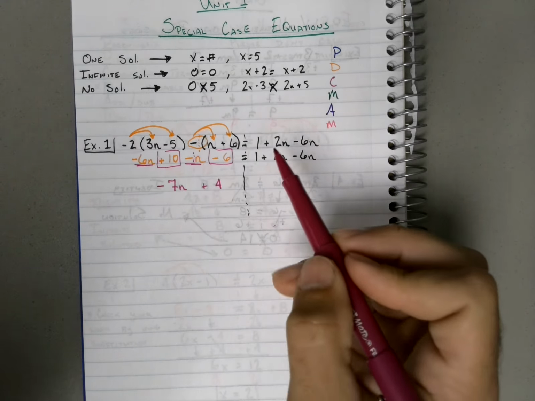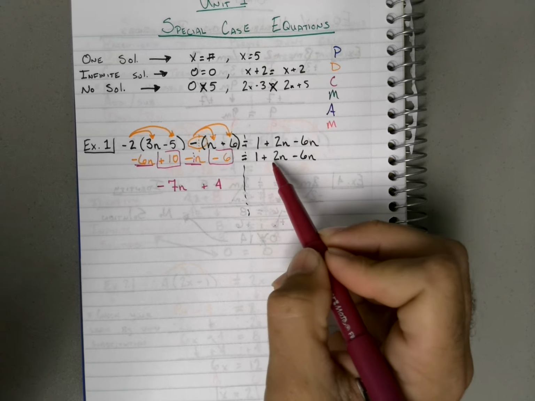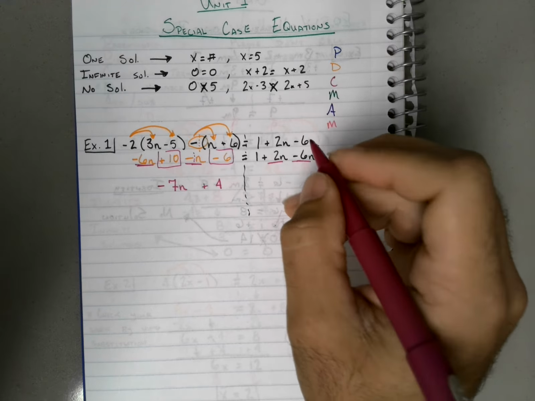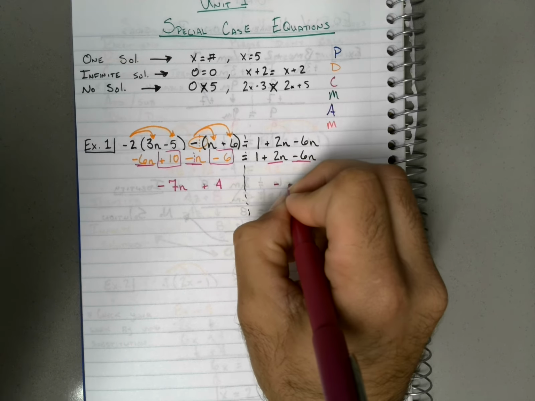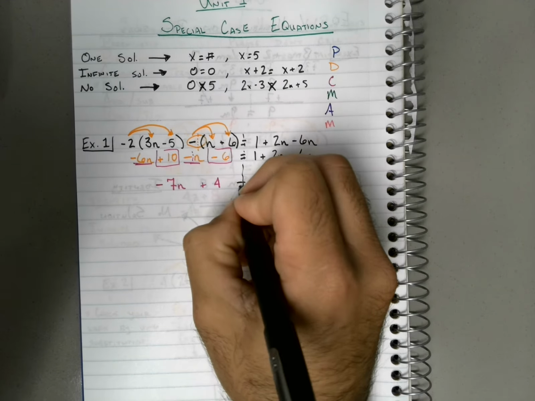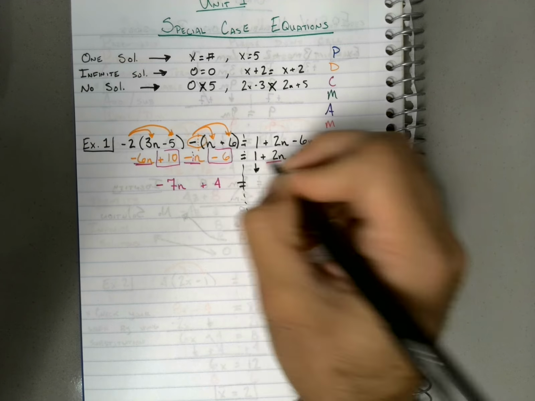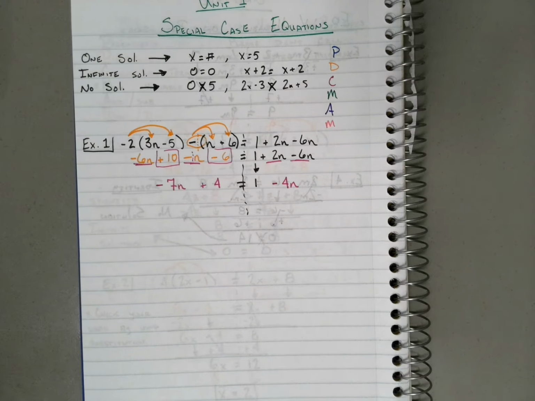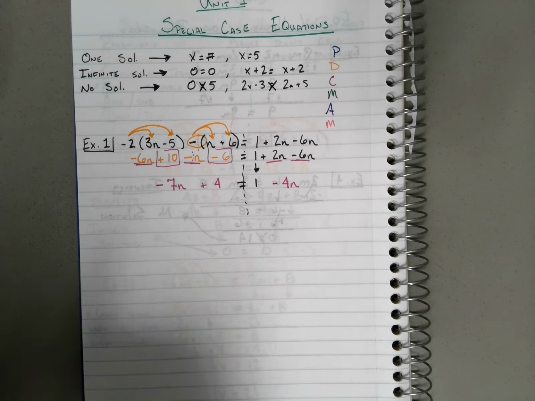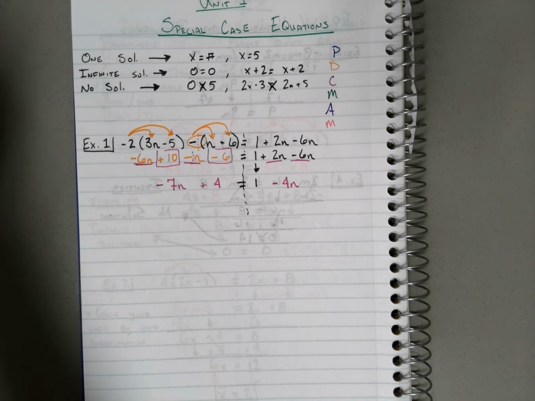This side, 2n and negative 6n. Positive 2 and a negative 6. When I combine those together, I'm going to get negative 4n. And whatever we have left, bring it down, because the 1 is just by himself over there. So now we have negative 7n plus 4 equals 1 minus 4n.